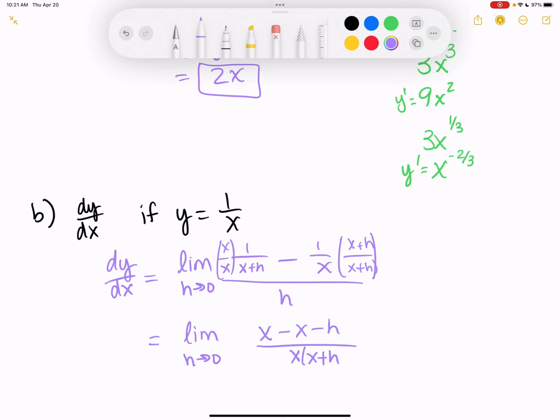I would just leave it like that for now. All over h.